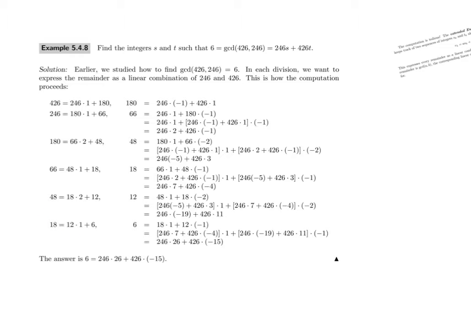Now, if you use the math of that preview activity, that algebra activity that we had in class, you would solve each of the remainders for their respective b and a, right? In other words, working from the end, we want to express 6 as a linear combination of 426 and 246.